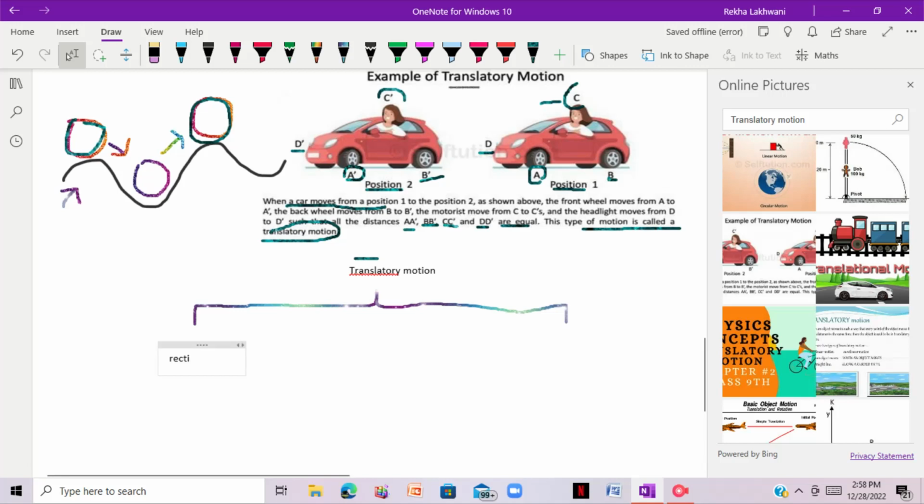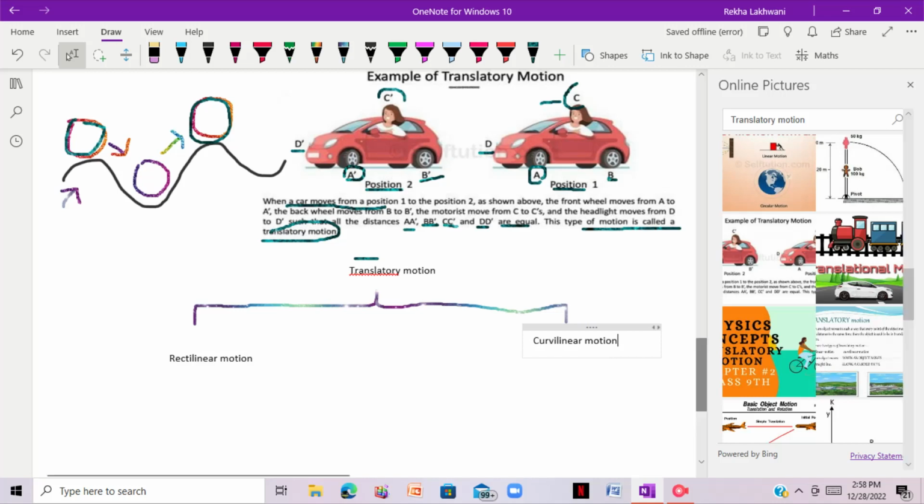Basically, rectilinear motion means, let me write it over here, that if a body moves in a straight path, that is known as rectilinear motion.